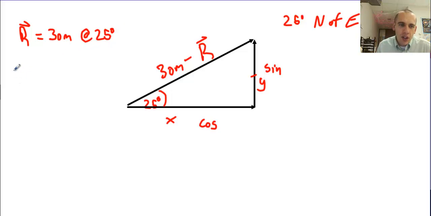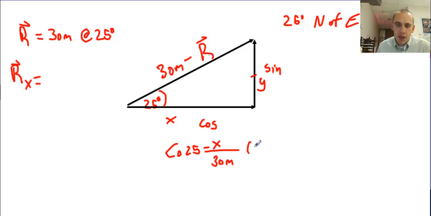I want to know what the component is of x. Okay, so I want to know how far does r go in the x direction. So we use that little subscript here, r sub x. And this is equal to whatever value we have in the x direction. So I know cosine of 25 is equal to adjacent x over hypotenuse, and the hypotenuse is the magnitude of my vector, so 30 meters.